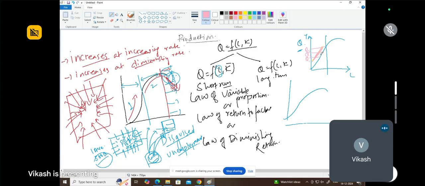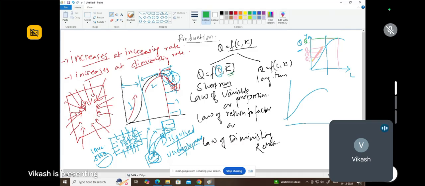But if you work in stage 2, you will be able to maximize your output production, which I am showing with the green line. And every entrepreneur wants to use their fixed assets, K, to the fullest.